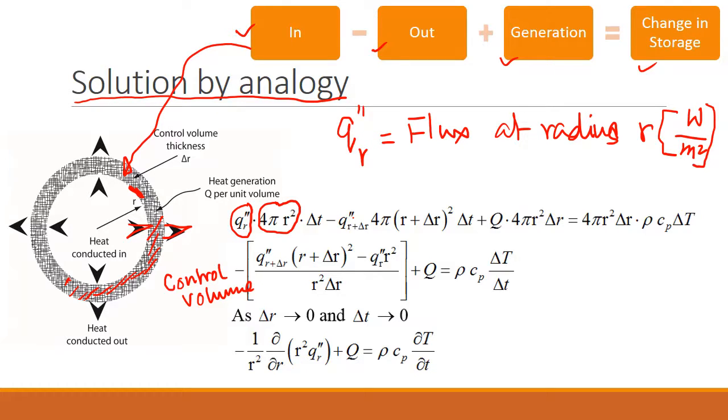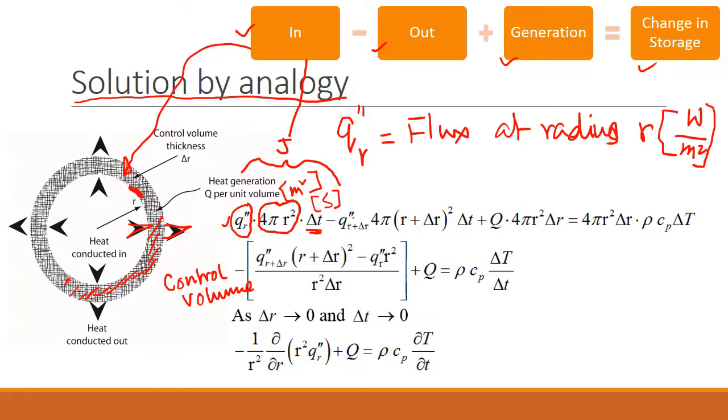So if I multiply watts per meter squared by meter squared, I get watts. Times the conduction time delta t gives me joules. So the unit for this entire thing is joules, and this is what is coming in, so this is joules in.